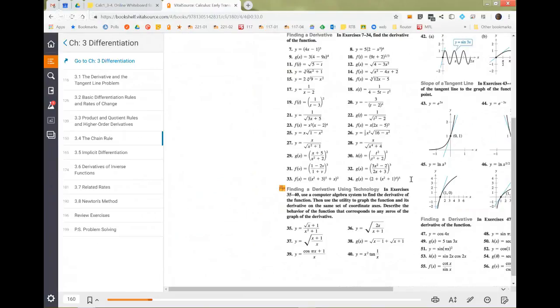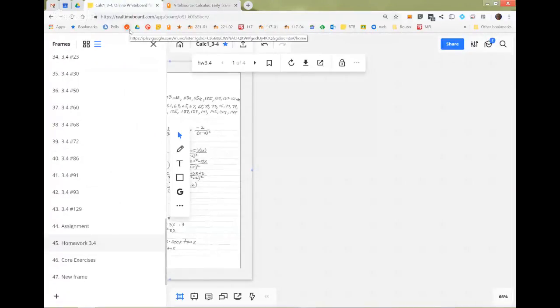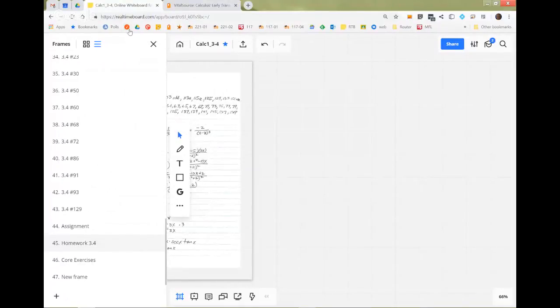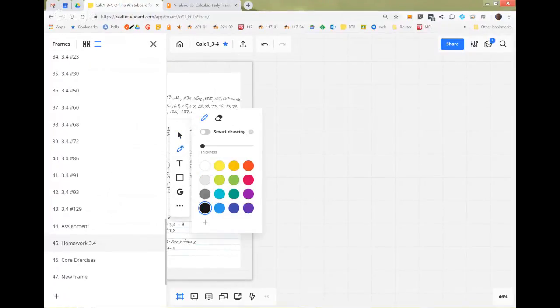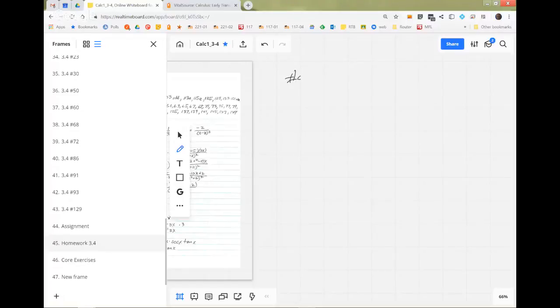Okay, so now I got it written down. So, number 53. And we have f of x equals sine 2x cosine 2x.